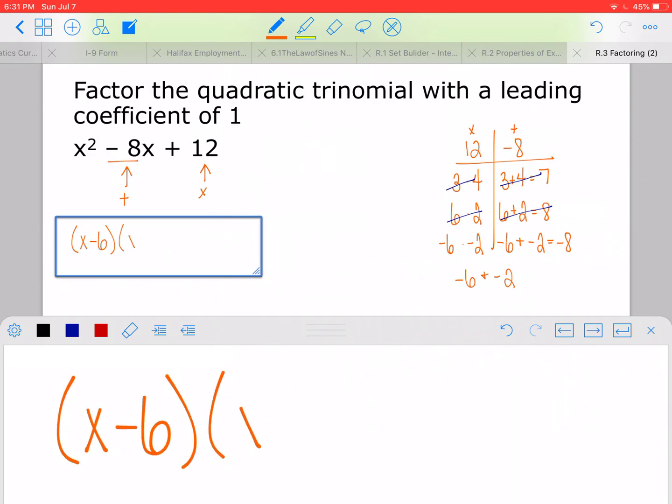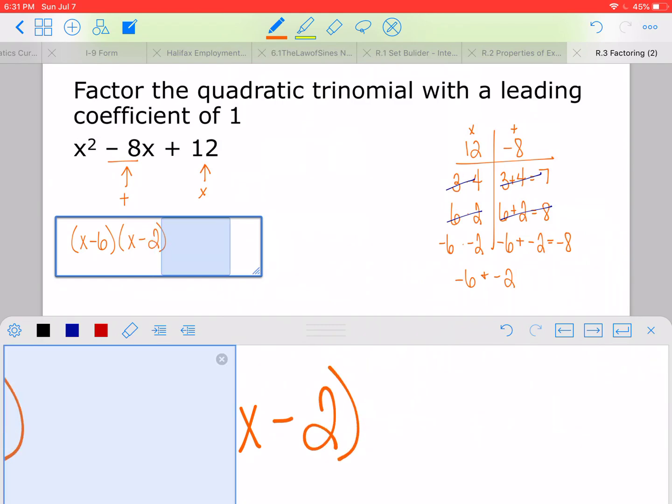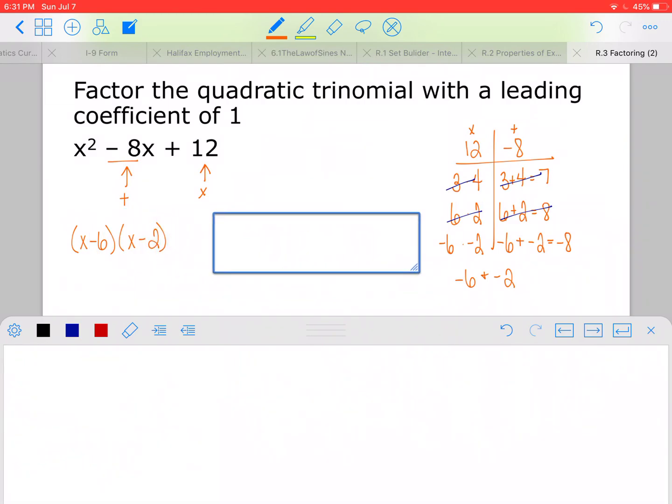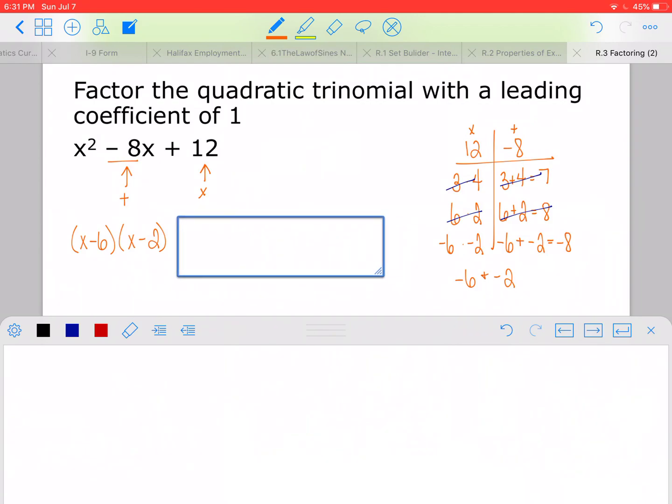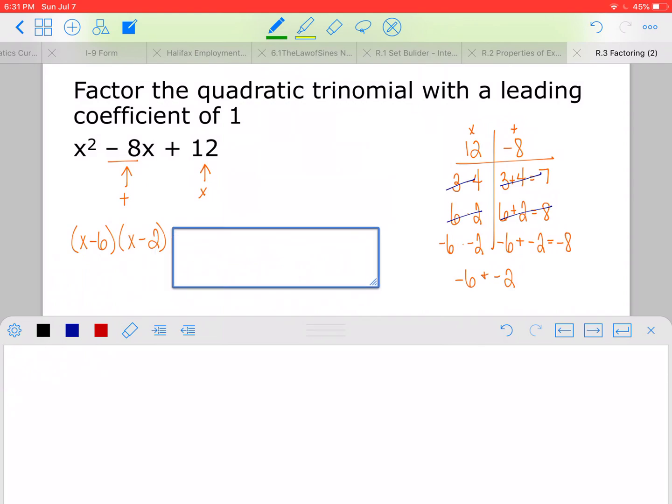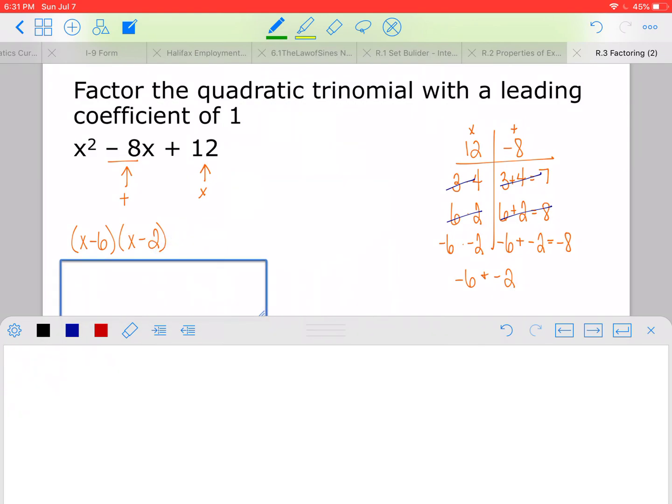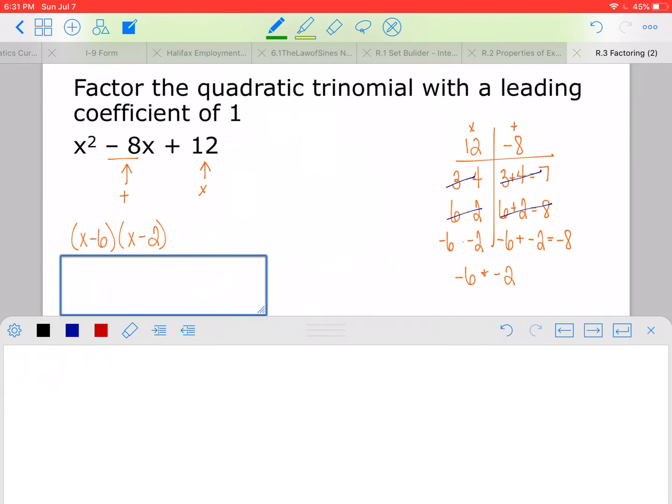Okay, so that's how we factor a trinomial with a leading coefficient of 1. And you'll see why we get the parentheses and everything when we factor more by grouping in a minute. If you want to look at why this works, if we go back and FOIL it, the first is x times x, that's x squared. Outer is x times negative 2, so negative 2x.